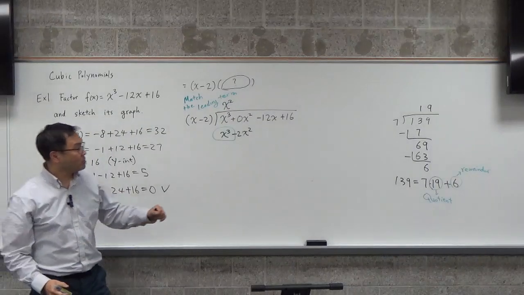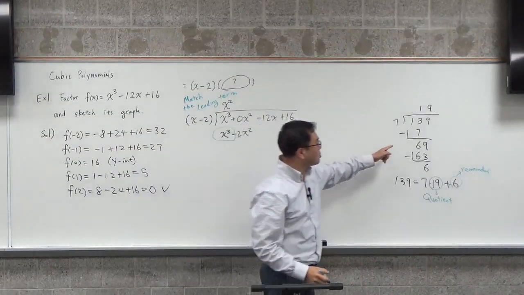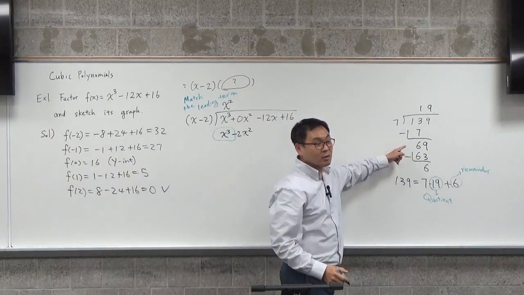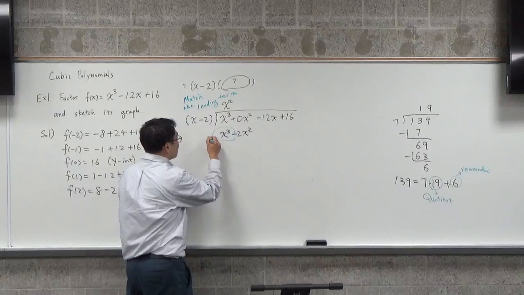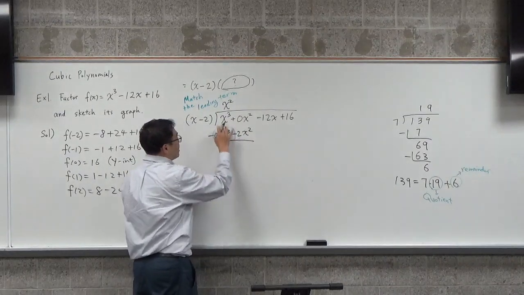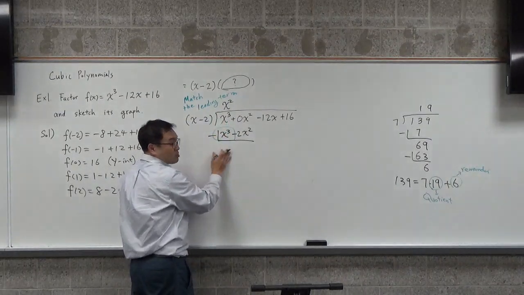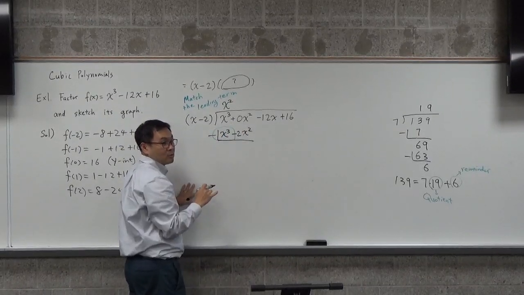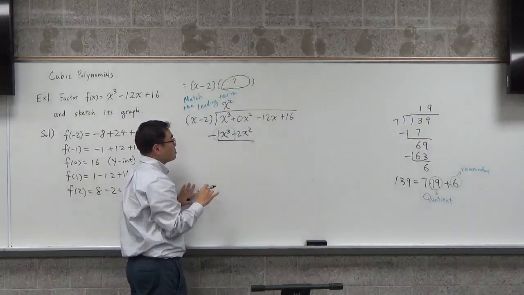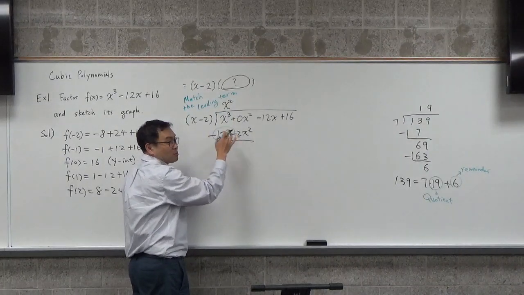Now what should we do? Take a hint from here. What did we do here? Subtracted, right? So we should subtract here. X cubed minus x cubed cancel, so you don't have anything. What's 0 minus negative 2? No, 0 minus negative 2. Plus 2.